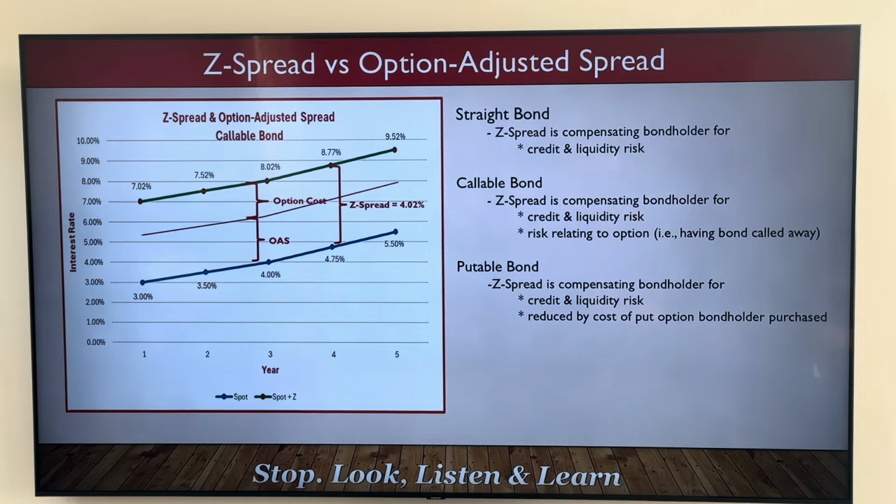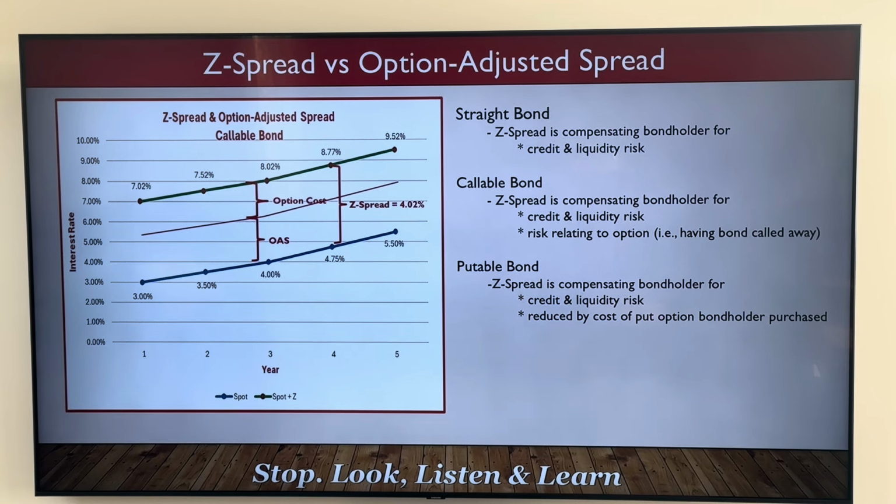Now, let's look at the option adjusted spread. Let's assume that this bond here was a callable bond, for example, right? So with the callable bond, you have essentially a straight bond that has a call option embedded in the bond.